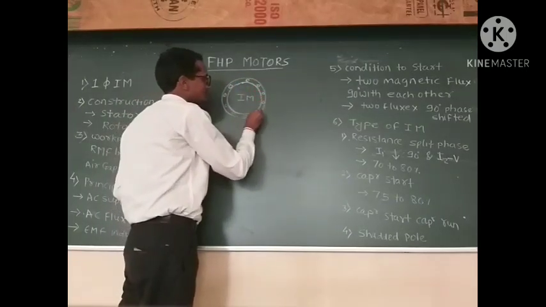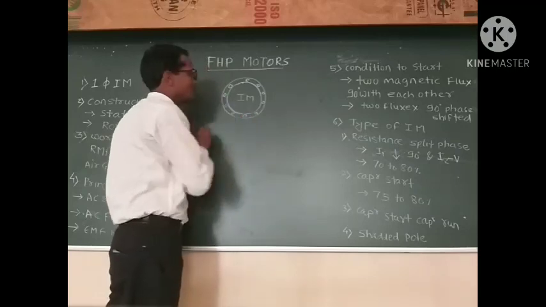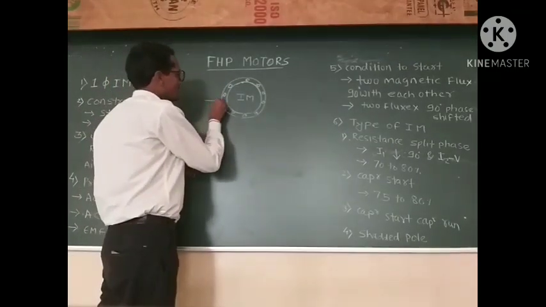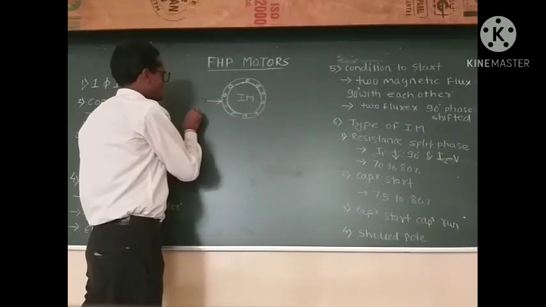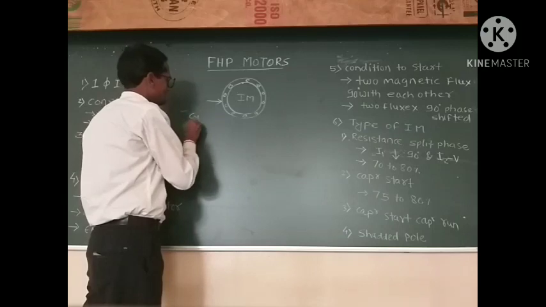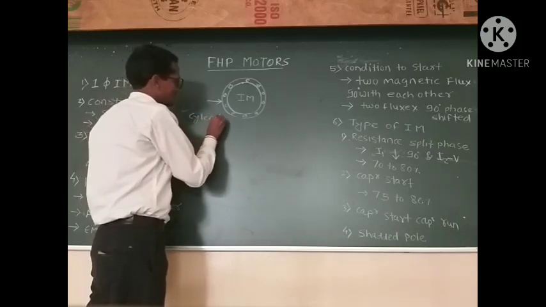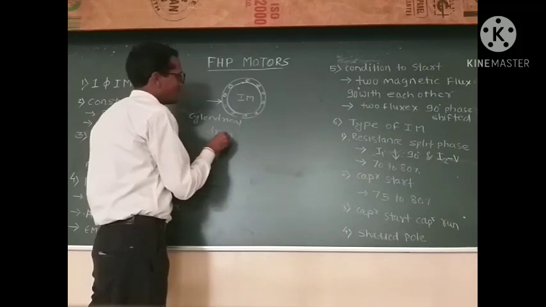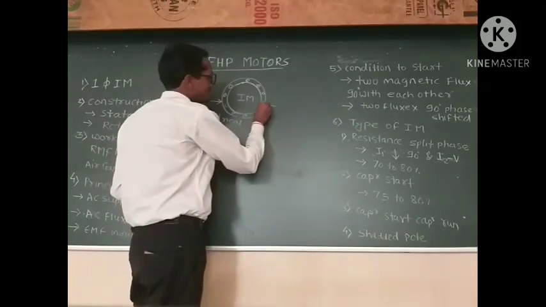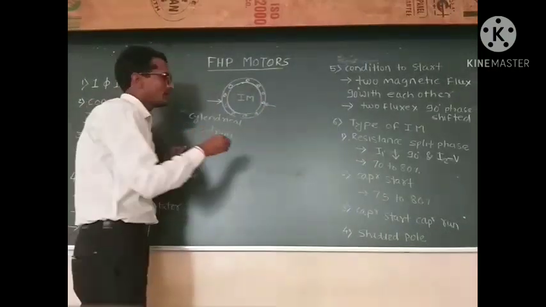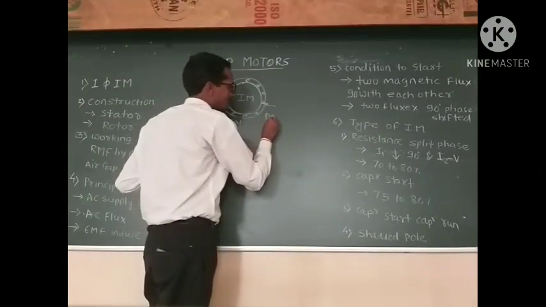This is the cross section of the rotor. This portion is called cylindrical. And here this hole is provided for the damping rods.